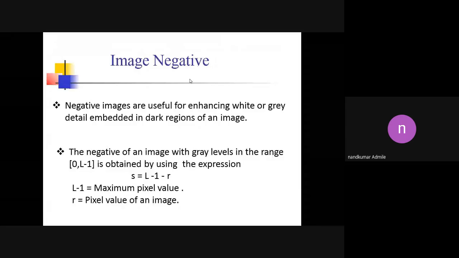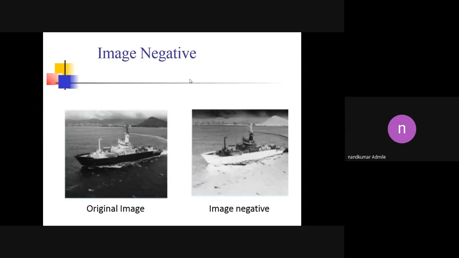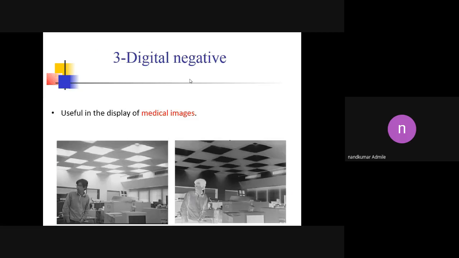The black color is converted into white, and the white color is converted into black. That is nothing but the image negative. Most of the time, image negative is used in healthcare systems to capture X-rays of the human body. The most common example of image negative is the X-ray of our chest.